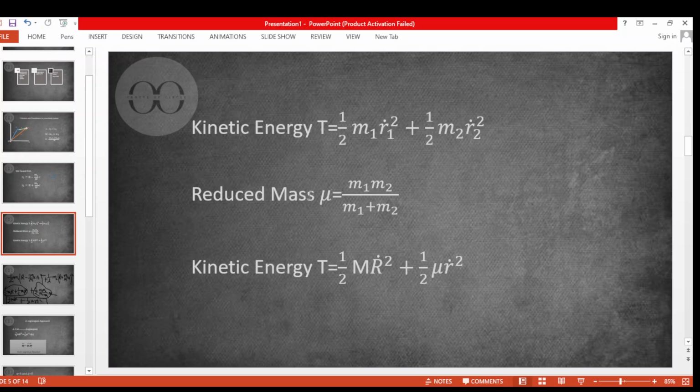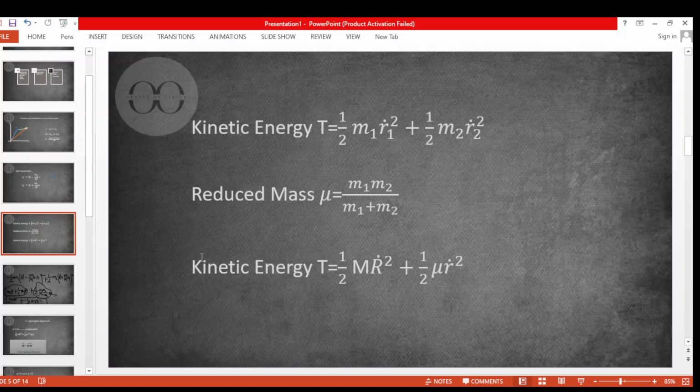That's why we did some basic algebra and substituted r1 and r2 with our previous relations with the center of mass equation. Then we came to this equation, half capital M capital R dot square plus half mu small r dot square. It has 3 degrees of freedom. Why? Because small r has 3 coordinates, x, y, and z.